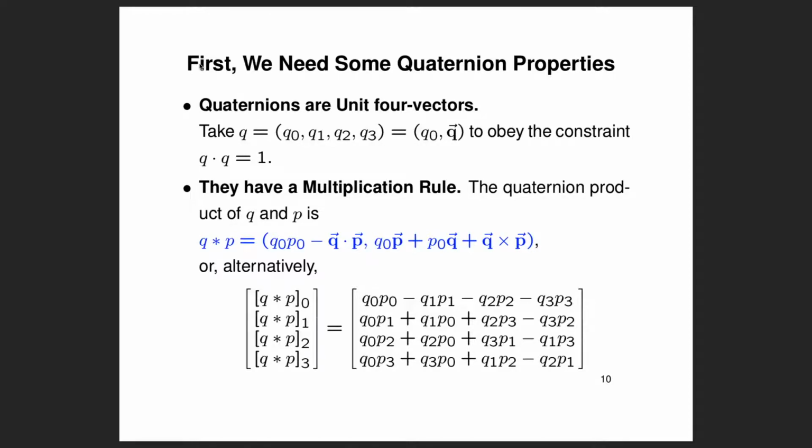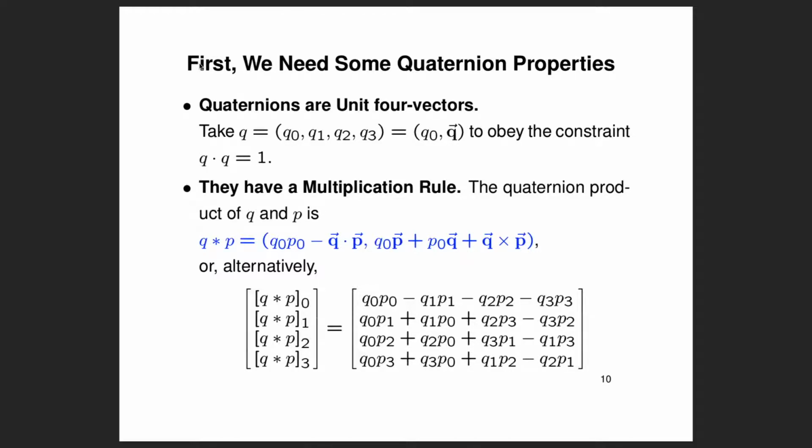Here's how it works. I start out with just a few basic facts about quaternions. It's a point on a 3-sphere in 4-dimensional Euclidean space. It's a 4-vector with norm 1. It obeys a multiplication rule, and the multiplication rule is non-commutative.